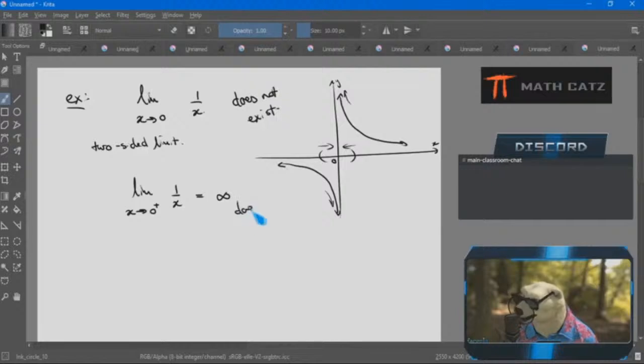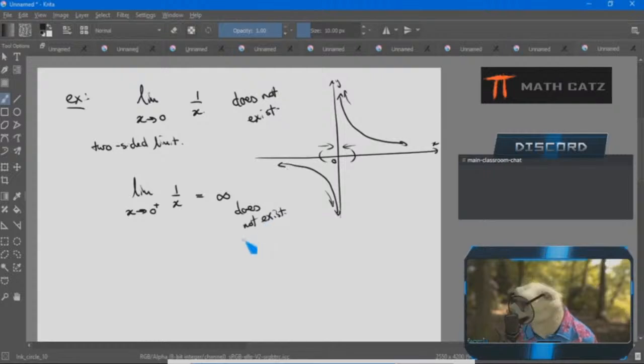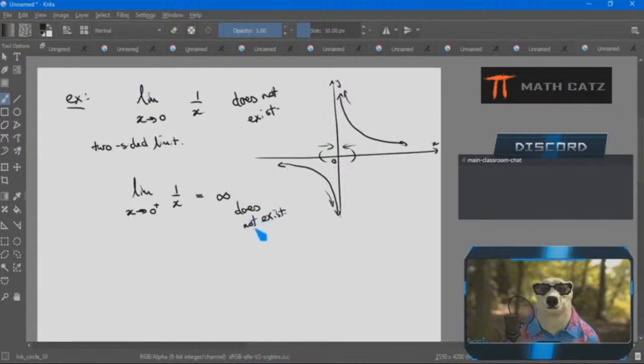Yes, it still doesn't exist because infinity is not a number, but at least I'm able to say, in addition to not existing, that it blows up positive. And if I approach 0 from the left, it's going to blow up in size, but negative. Yes, still doesn't exist. Fine. But I'm able to say how it behaves.